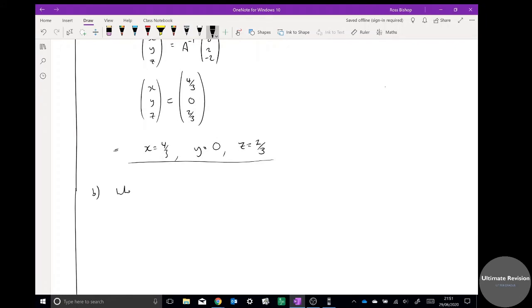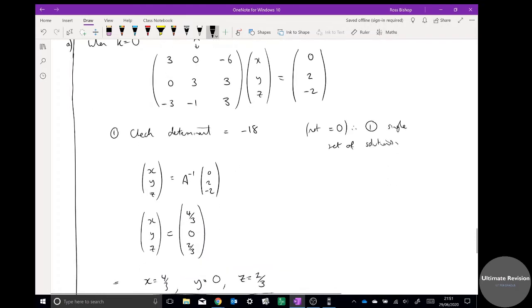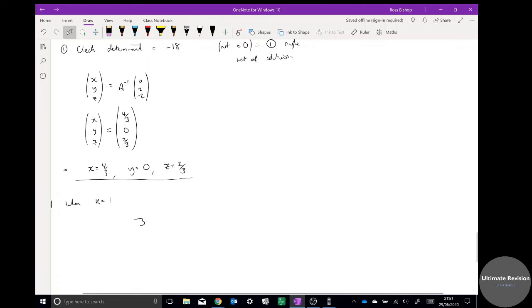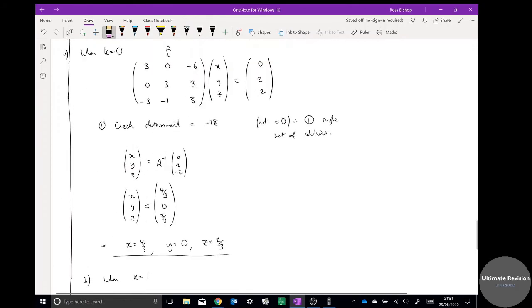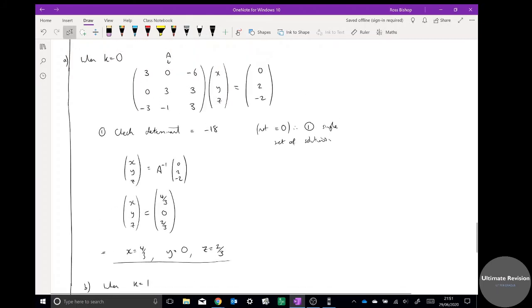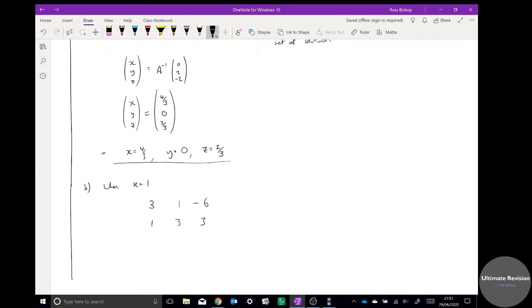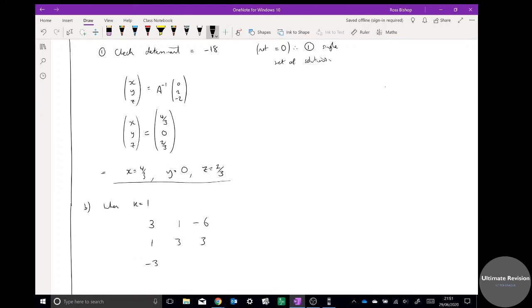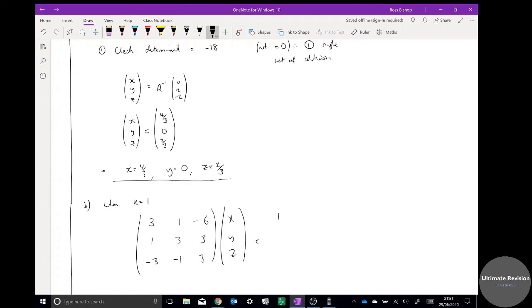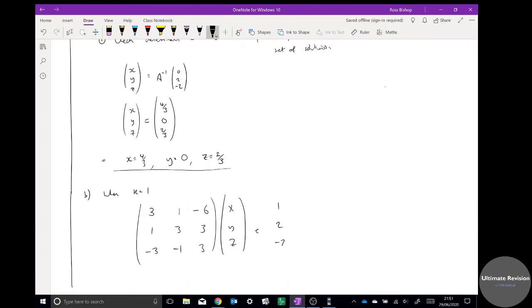So when k is equal to 1, this time my matrix is going to look like 3, 1, minus 6, 1, 3, 3, minus 3, minus 1. X, y, z equals 1, 2, minus 2 this time.